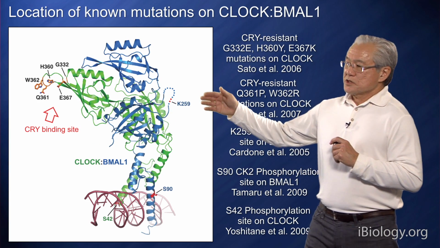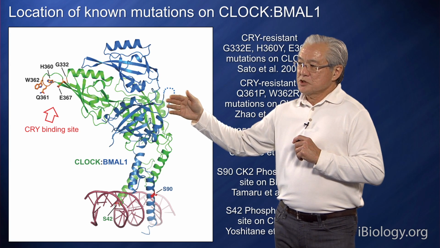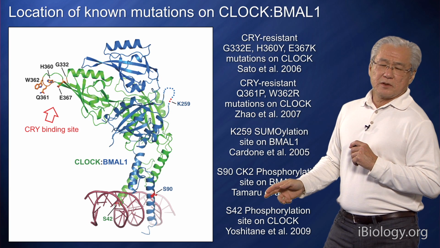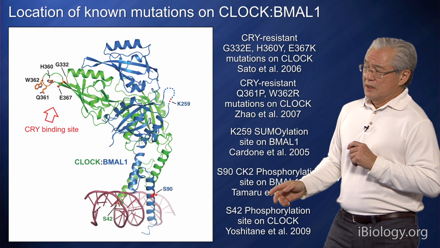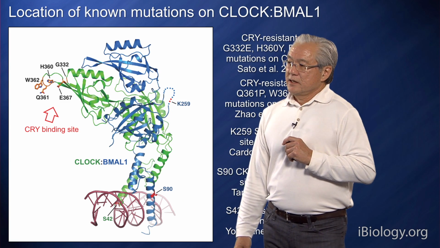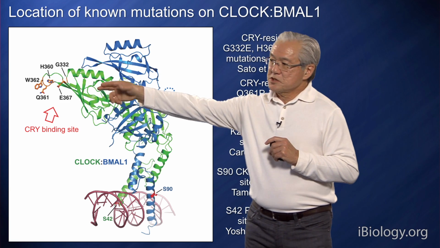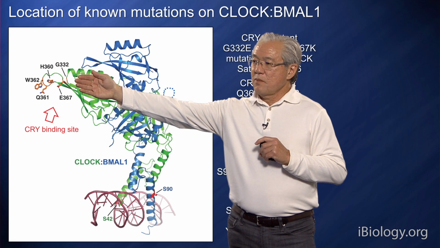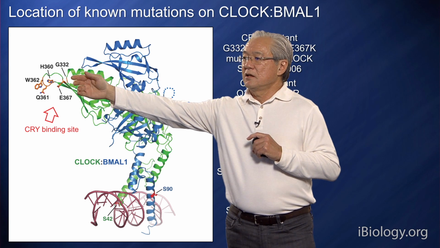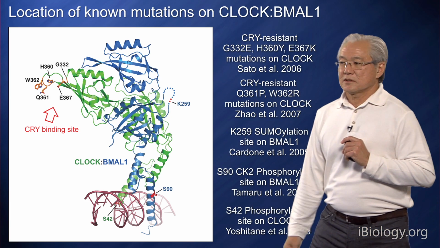So this is just an overall summary of CLOCK-BMAL1 showing the location of a number of previously identified mutations in these two proteins. We can now place them on the structure and have some better understanding of how they might work. In particular, five mutations that interfere with cryptochrome binding all map to the HI loop of CLOCK, including that tryptophan residue on CLOCK.